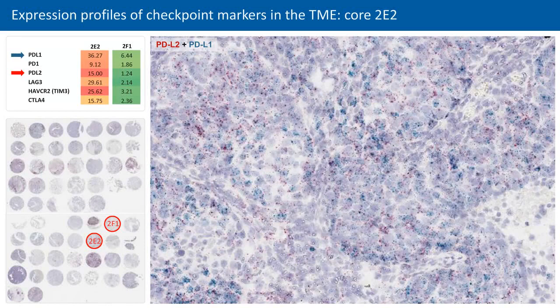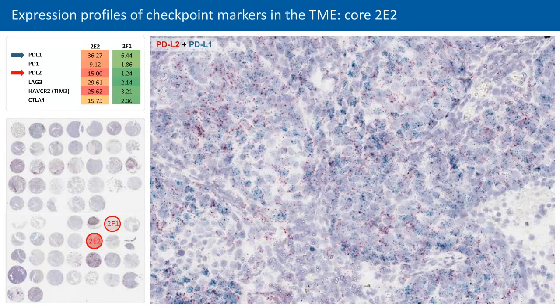This image from core 2E2 visualizes the quantified checkpoint expression data for PD-L2 in red and PD-L1 in green within the morphological tissue context of the TME. As indicated by the red shading in the table, PD-L2, like PD-L1 expression, is high in this highly inflamed core.